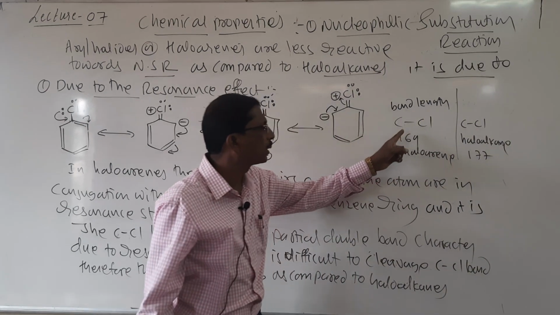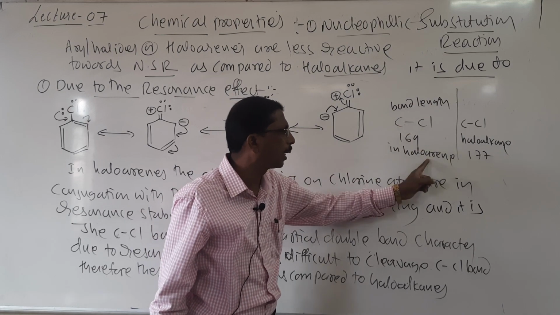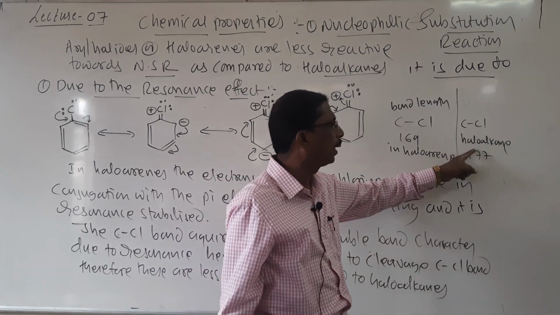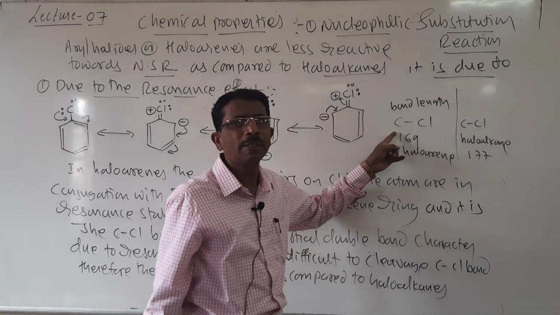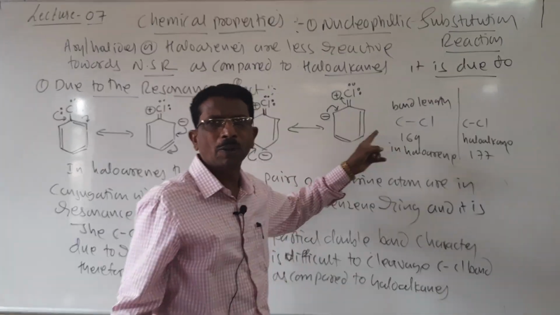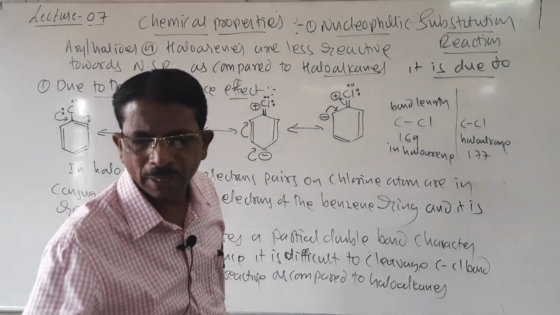Look here, 169 the bond length in haloarene and 177 in this haloalkane. So therefore it is very near to this benzene ring, and therefore due to the double bond character it is very difficult to remove.